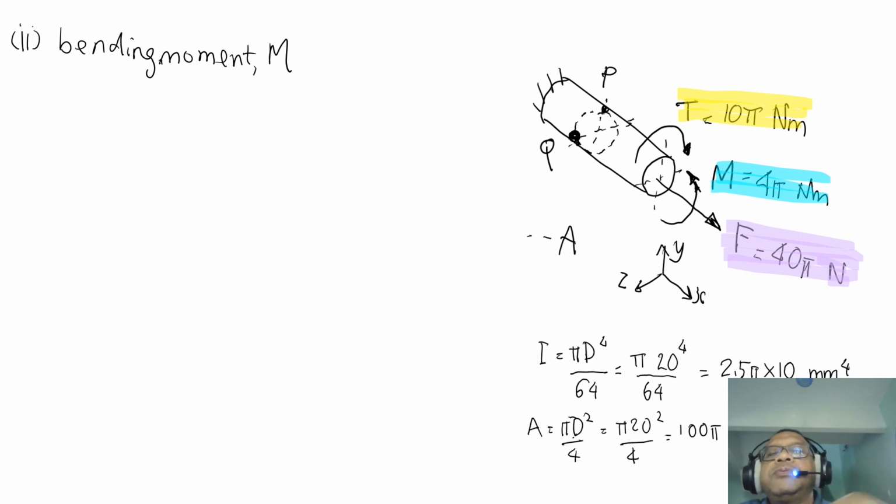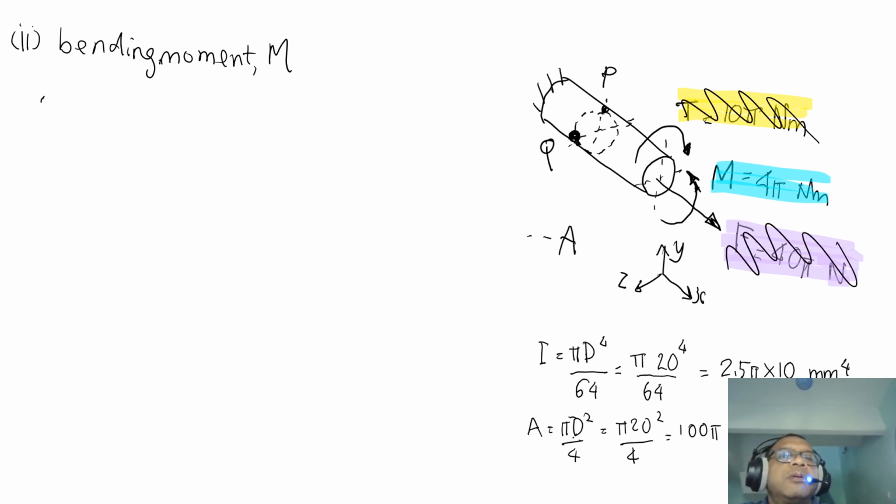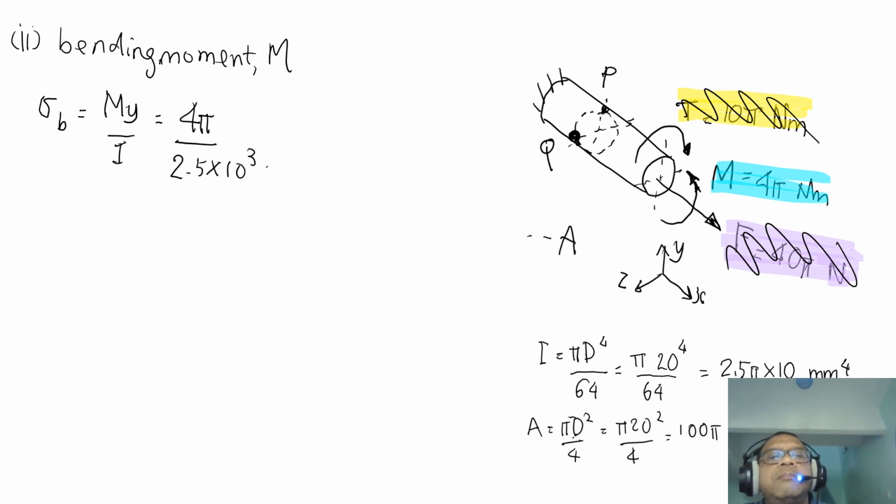So bending moment due to M, I'm looking at bending moment here. I'm not looking at tau or F, just individual bending moment. So the general formula for bending stress is My over I, and in this case M is given 4 pi, and then I is also given 2.5 times 10 to the power of 3 pi.